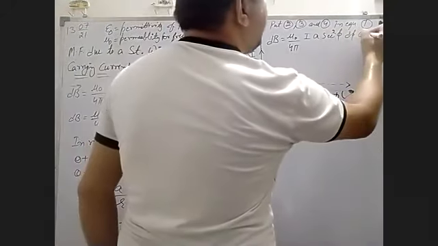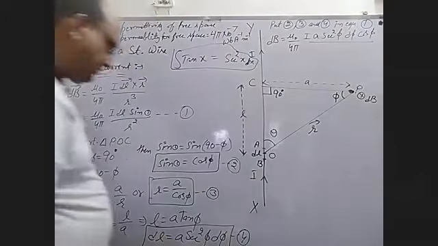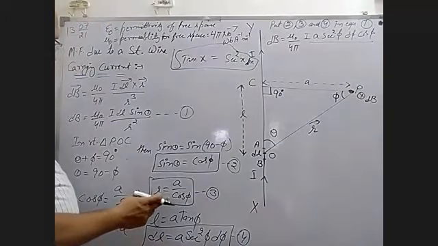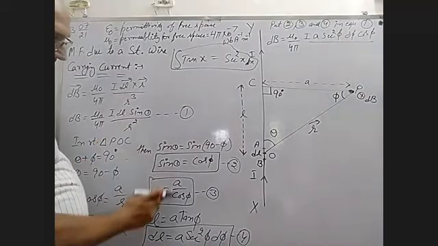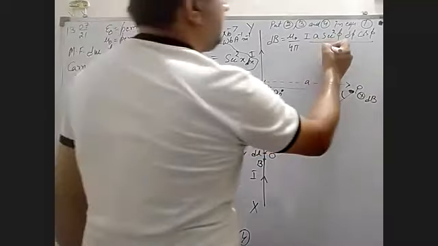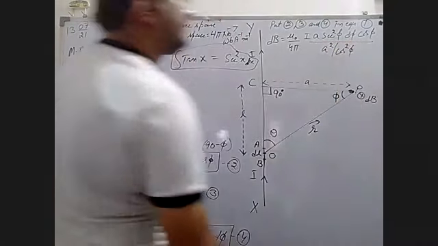Cos phi, upon r square, means a square upon cos square phi. Okay, right?